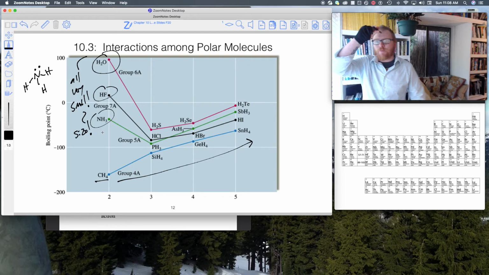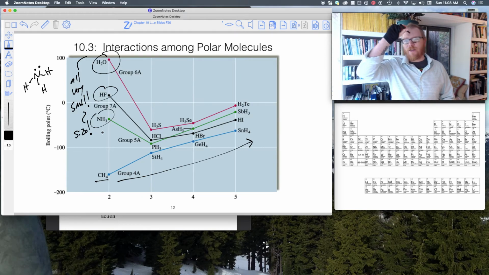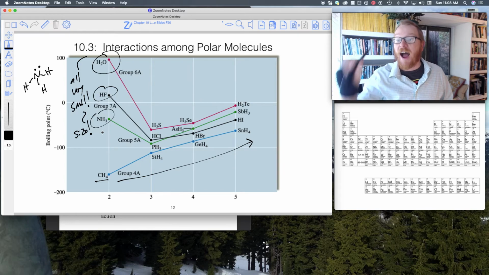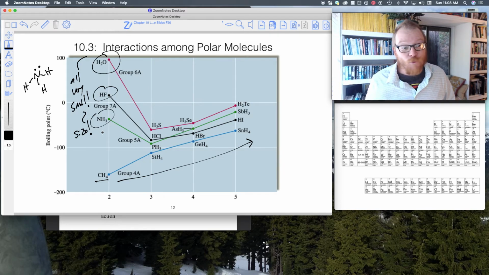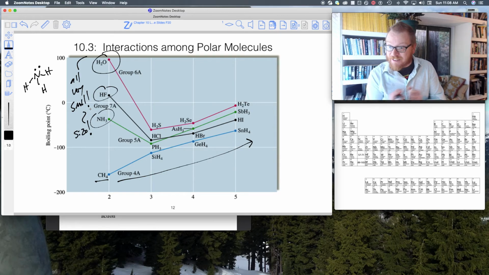And also, maybe you've thought of the other thing, hydrogen bonding, right? Hydrogen bonding is only observed between oxygen, fluorine, and nitrogen. So not only are they very small, they can pack together very well, but they're capable of hydrogen bonding with themselves. So that makes them exceptions for this trend in boiling point.